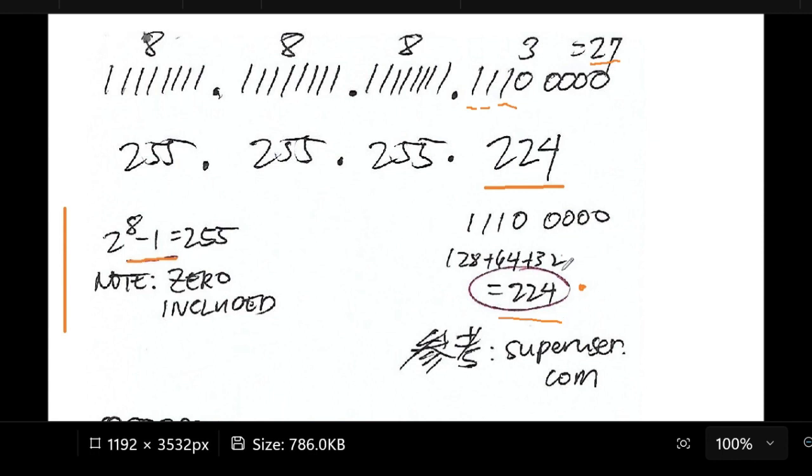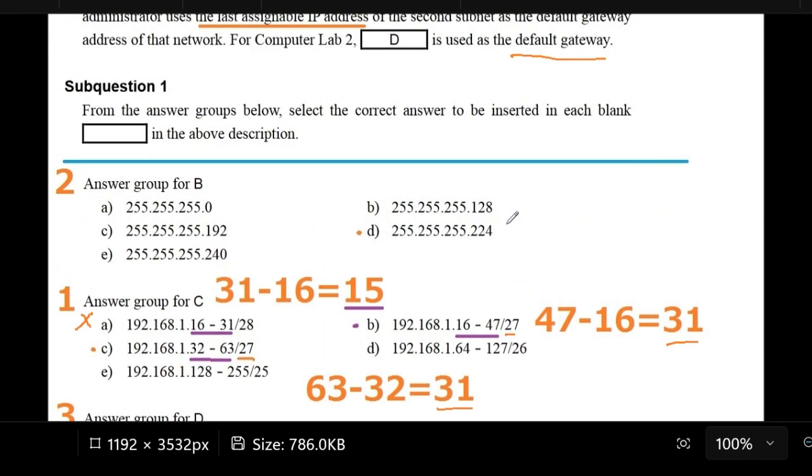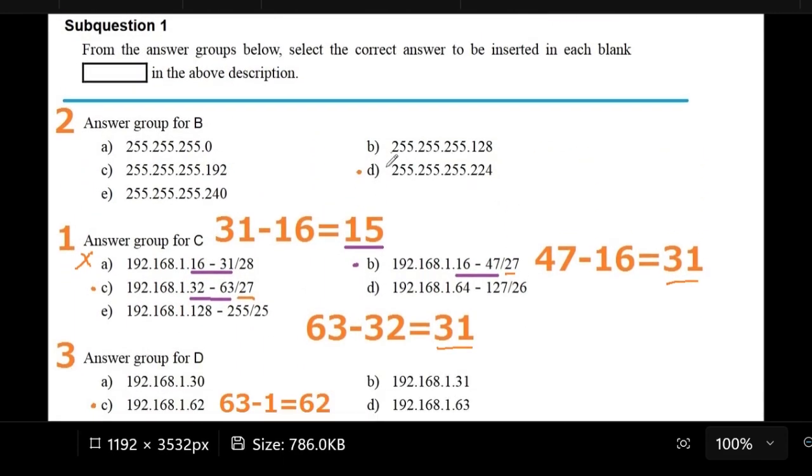Alright, so once we have that, we can then choose letter D as the correct answer because the last part here is 224. Take note that we're pretty much just changing the last set of numbers, because if we look at the range, it's also just changing the last set of numbers, right?